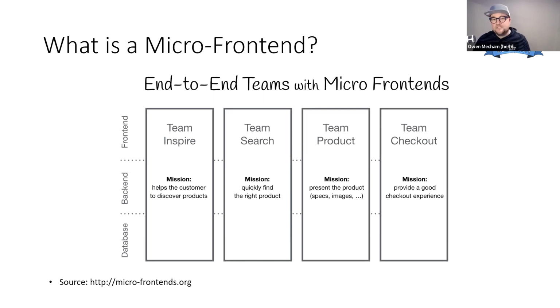But what this allows us to do is, in this example, when the checkout team's ready to ship code, they don't have to coordinate with the search team to make sure that the front end code is ready to go. So this just allows for rapid development, which is something that I'm a big fan of.